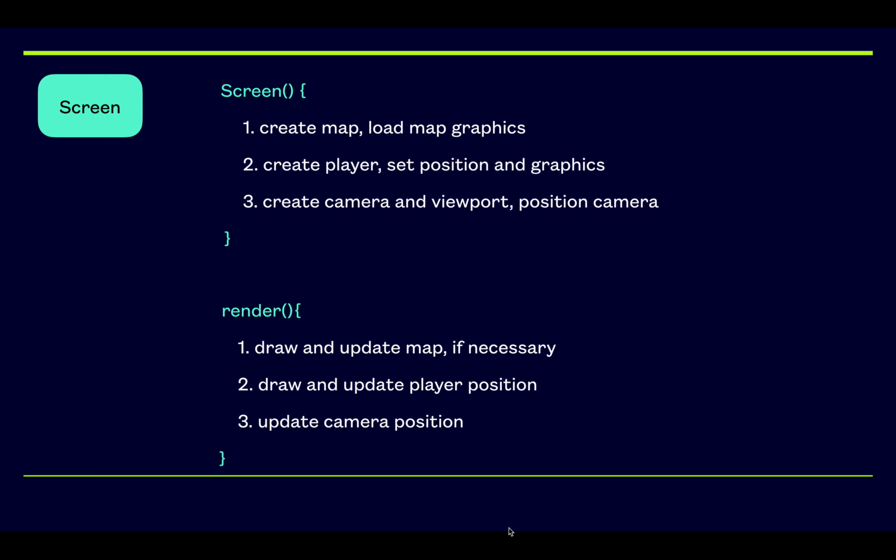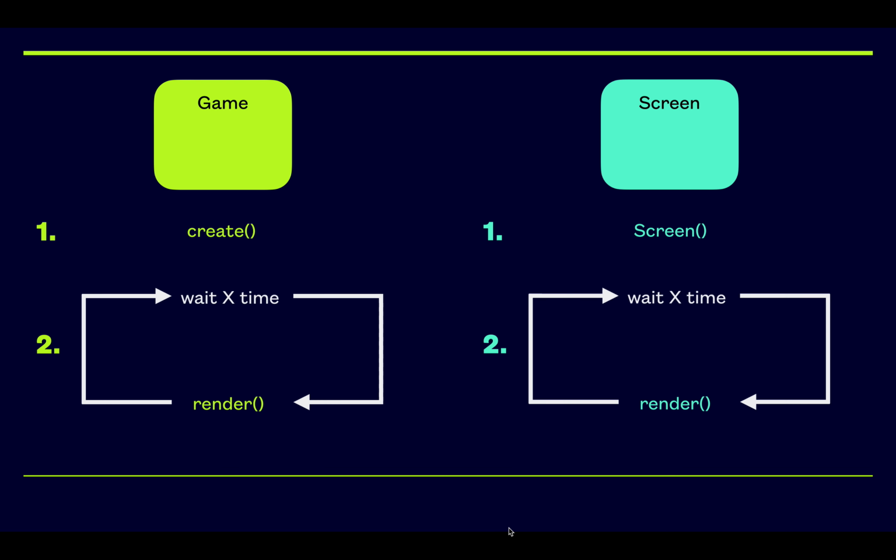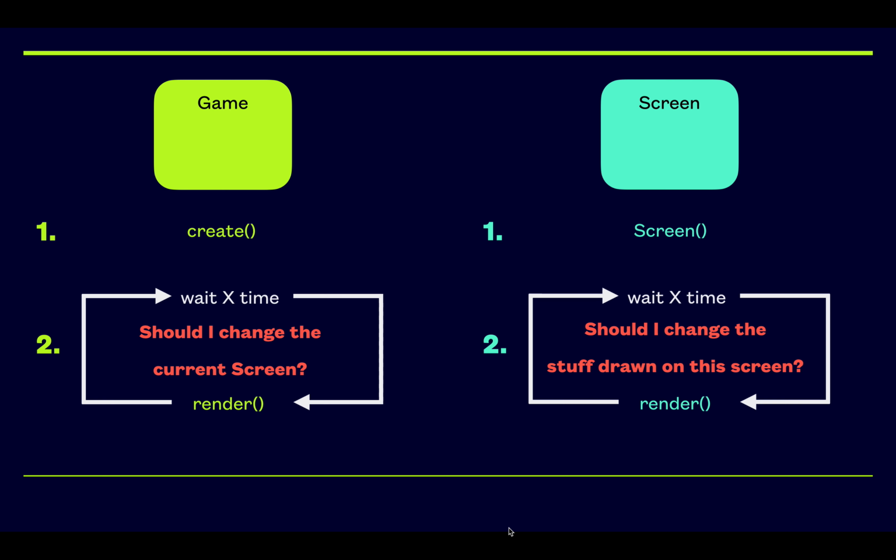So what's going to happen? Sort of what is it that you follow? Well, you follow two things at the same time, in a sense. Render in game is waiting to see if the screen needs to change, and render in screen is waiting to see what should be drawn on the particular screen to show to the user. And both of them are handling some sort of state.